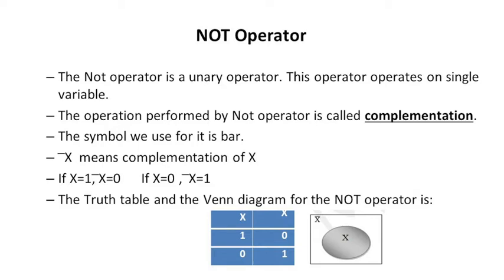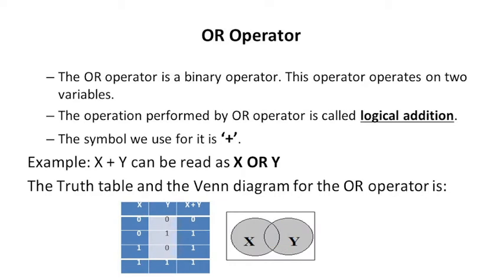If X is equal to 1, X bar is equal to 0. If X is equal to 0, X bar is equal to 1. The truth table and the Venn diagram of the NOT operator show the same thing. Next one, the OR operator. The OR operator is a binary operator. This operator operates on two variables.